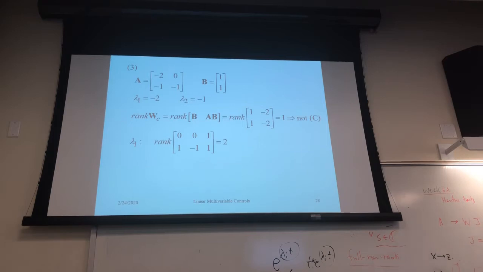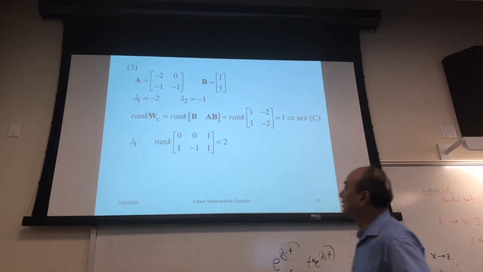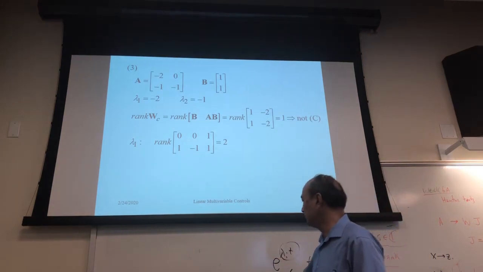So for lambda 1 is -1, it's SI minus A. Okay, so first of all you put B in here and SI minus A. There's 2, 1, 0, 1. Okay, SI minus A. So we put lambda 2 is -2.